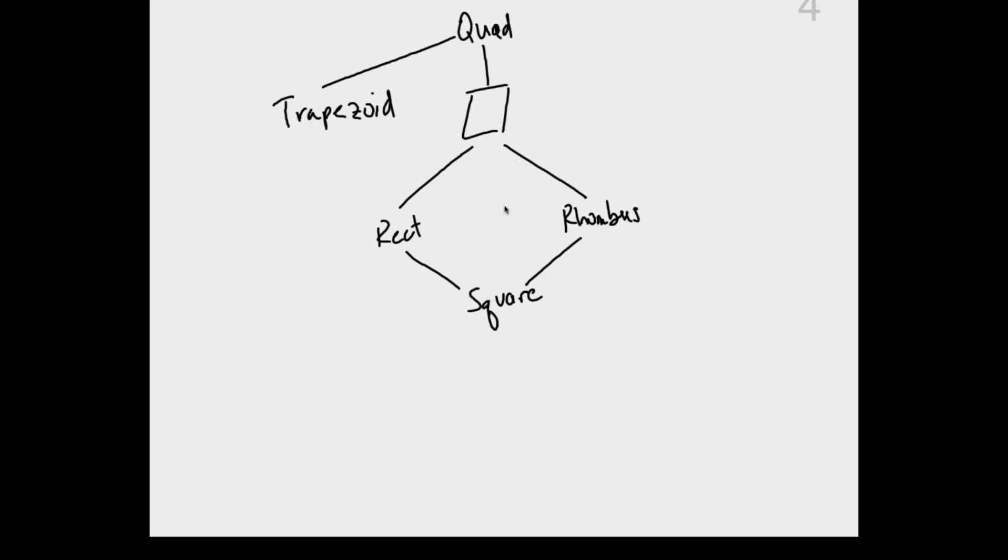Okay. And then to the right will be kite. Not bad. And then the isosceles trapezoid coming off of trapezoid. Beautiful. Well done. Isosceles trapezoid. All right, there you go.